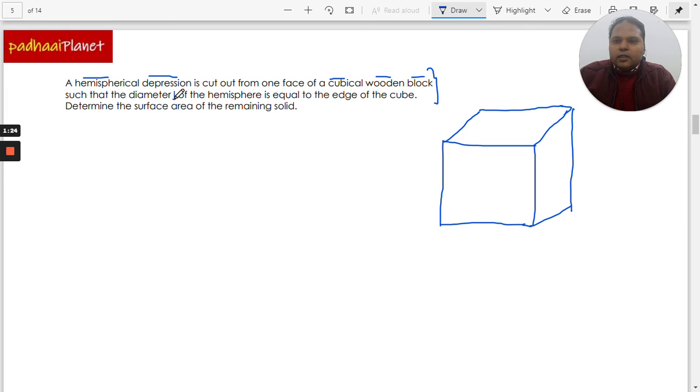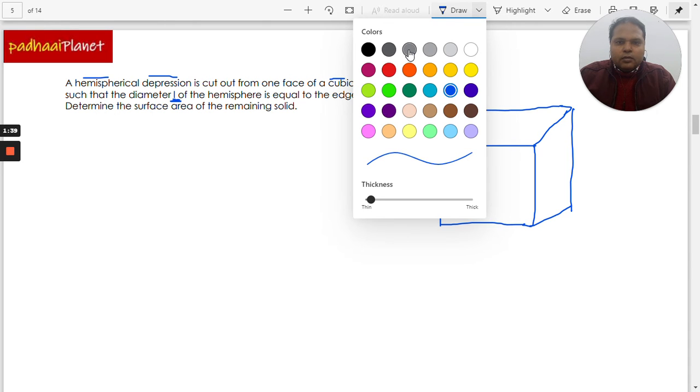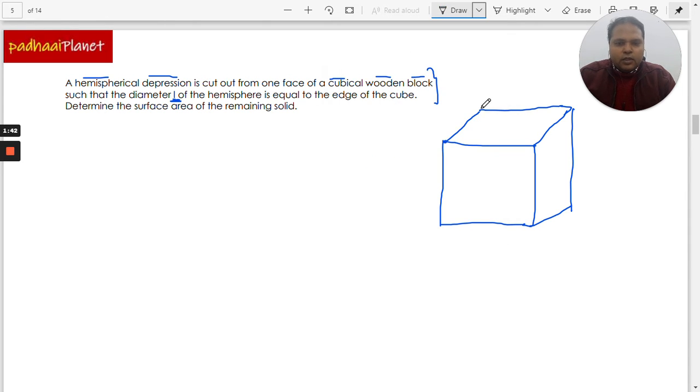Now what they're saying is that the hemisphere which is cut is such that the diameter of the hemisphere L is equal to the edge of the cube. So the hemisphere is cut something like this.